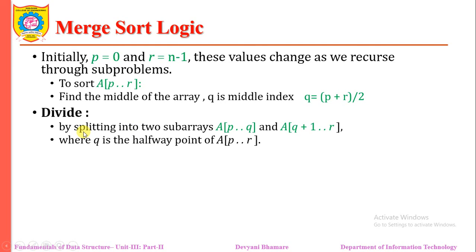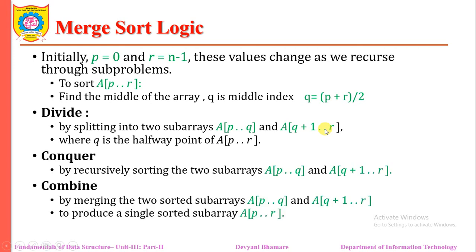This means we have divided the array into subparts. From starting location p to r, we get p to q, where q is the middle index, and q plus 1 to r. We consider that q is the middle of the entire array. Again, A of p to q is divided into its middle, and A of q plus 1 to r is divided into subarrays.